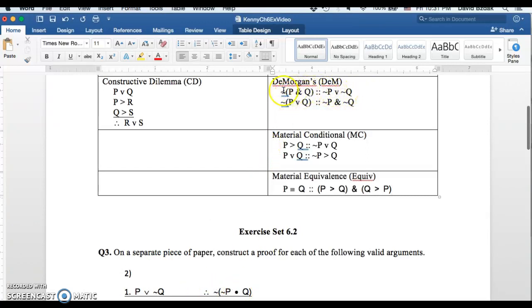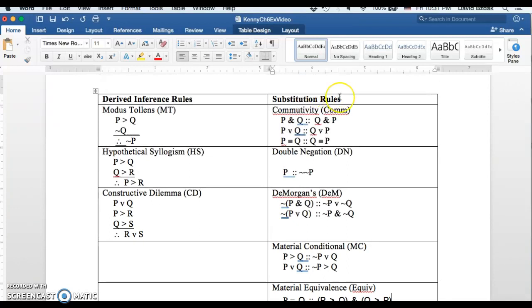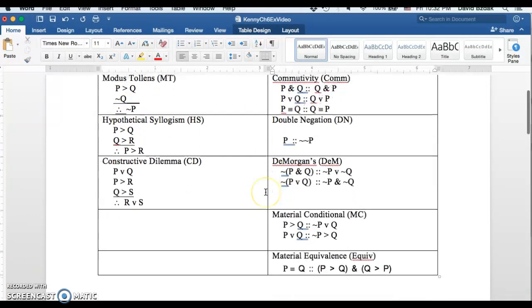So it looks like we might use the De Morgan's rule. Now remember, these substitution rules go 2 ways, meaning if you have something that looks like this, you can substitute something that looks like this, but also the other way around. So these go either way, whereas again, inference rules go only one way, from premises to conclusion.